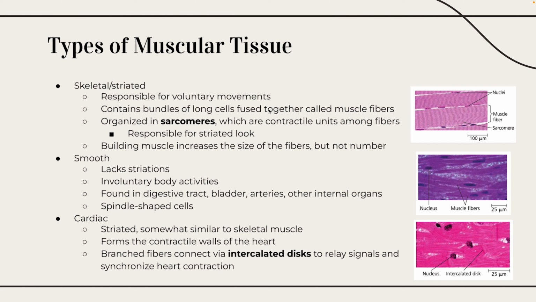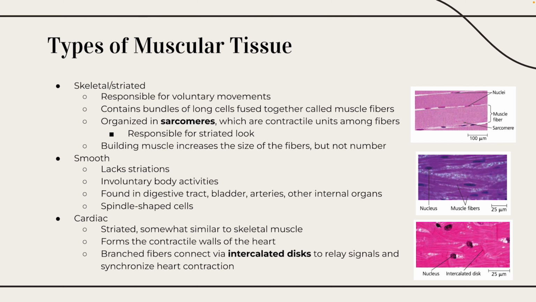Muscular tissue is organized in units called sarcomeres, and these are the units that we look at when we look at contraction, and those are what are responsible for the striated look you see. That's why it's called striated muscle. And something interesting is that building muscle increases the size of the fibers, but not the number of fibers.